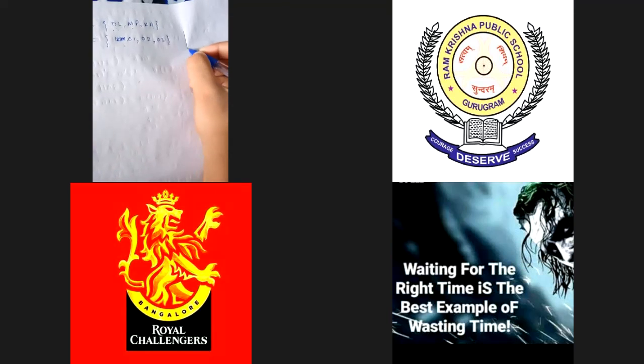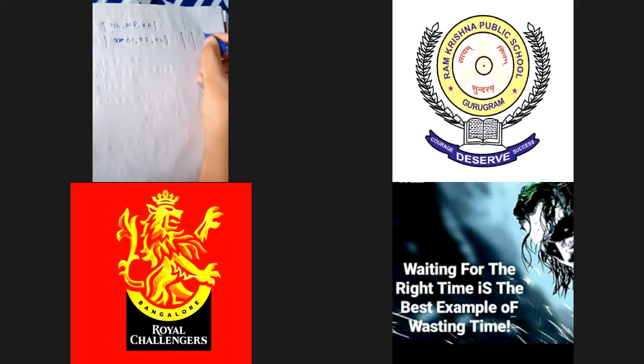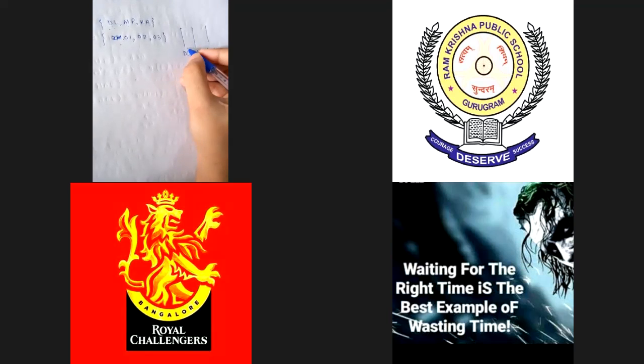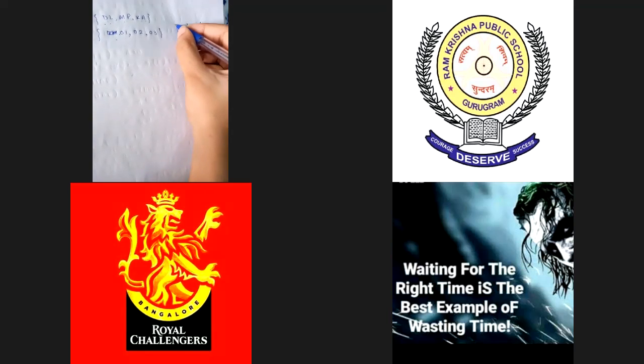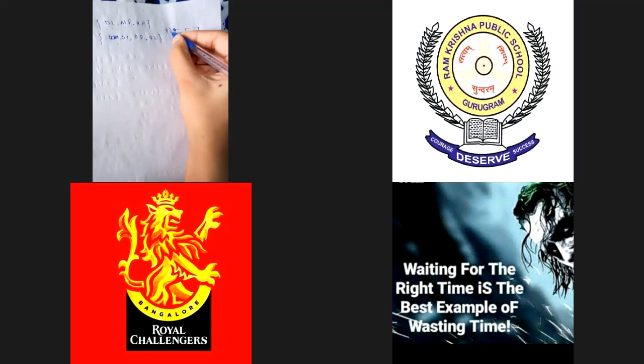अगर आप इसको pattern में बनाते हो तो pattern में कैसे बनाओगे आप? There are total 3 states. So you can write DL, MP, and Karnataka. Fine. Now, the codes are given. So you can write like 01, 02, 03. ये DL के भी हो सकते हैं, MP के भी हो सकते हैं, पॉसिबल पेयर बन सकते हैं, and वो कर्नाटका के भी हो सकते हैं.